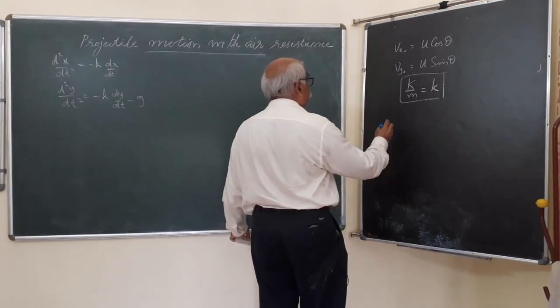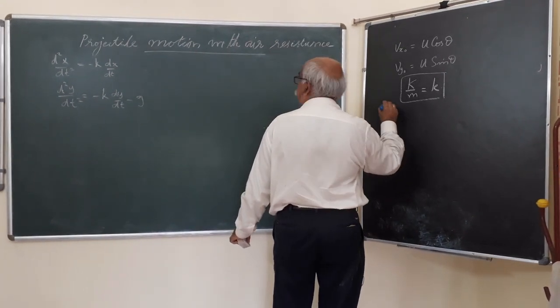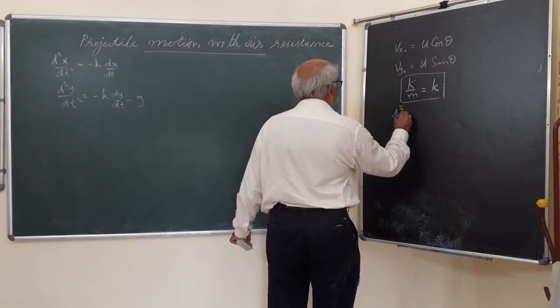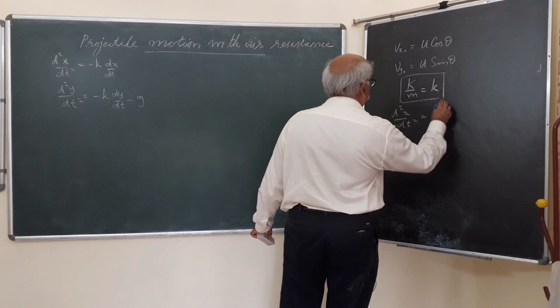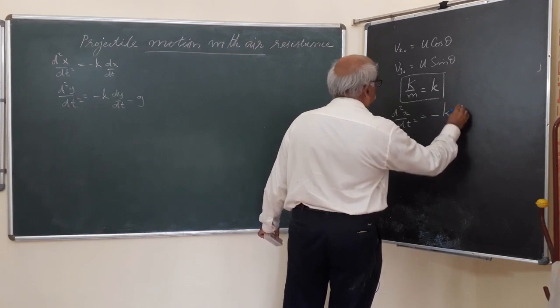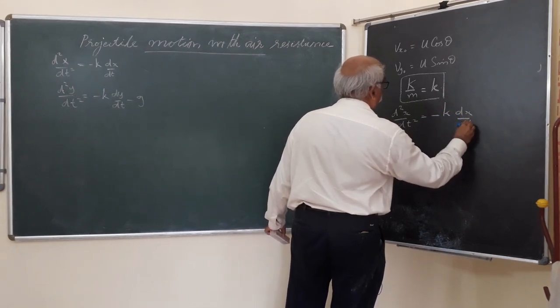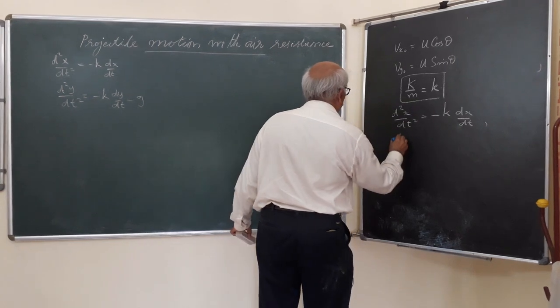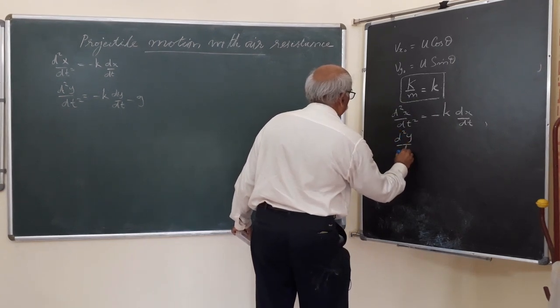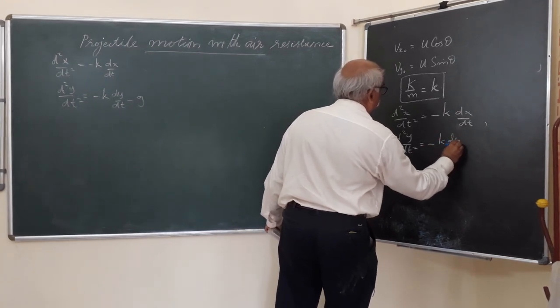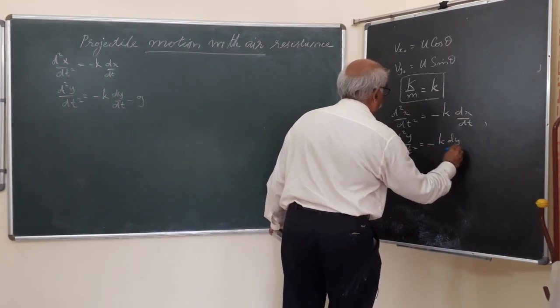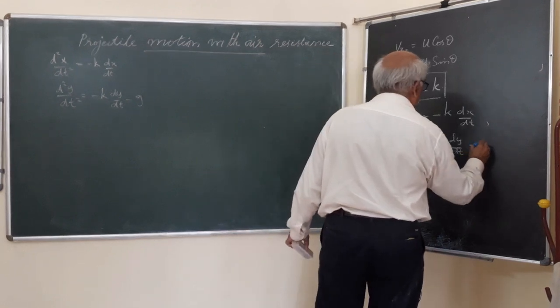These are important basic equations, therefore I am writing them down here: d square x by dt square is equal to minus k times dx by dt, and d square y by dt square is equal to minus k dy by dt minus g.